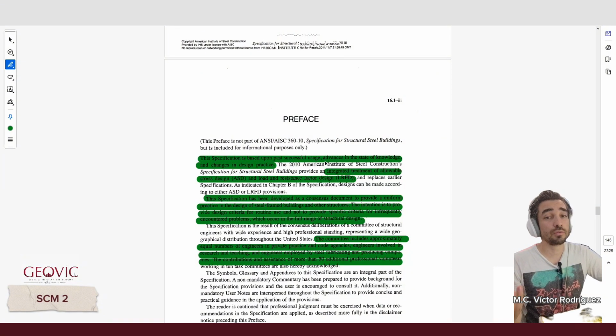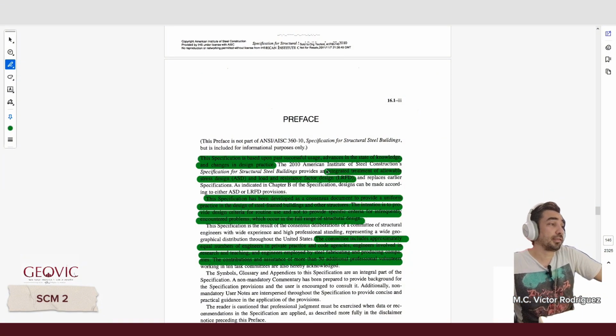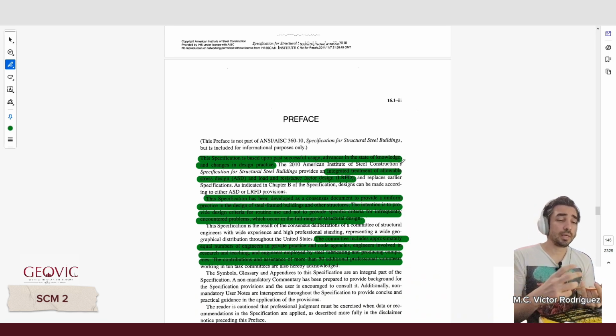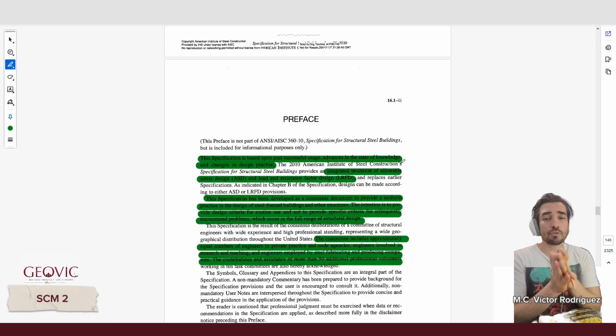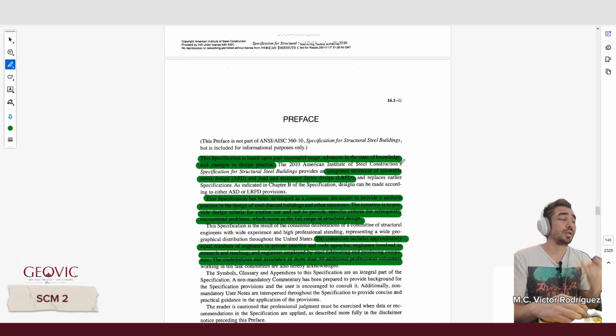In the next part it says that it's based upon past useful usage, so it has been used for quite a while. Then, advances in the state of knowledge. Every year the universities are improving their knowledge because they are financing different kinds of studies and investigations, so they get different conclusions, which in the end make their way into the codes, so that when we design, we are trying to design with the latest knowledge in the field.